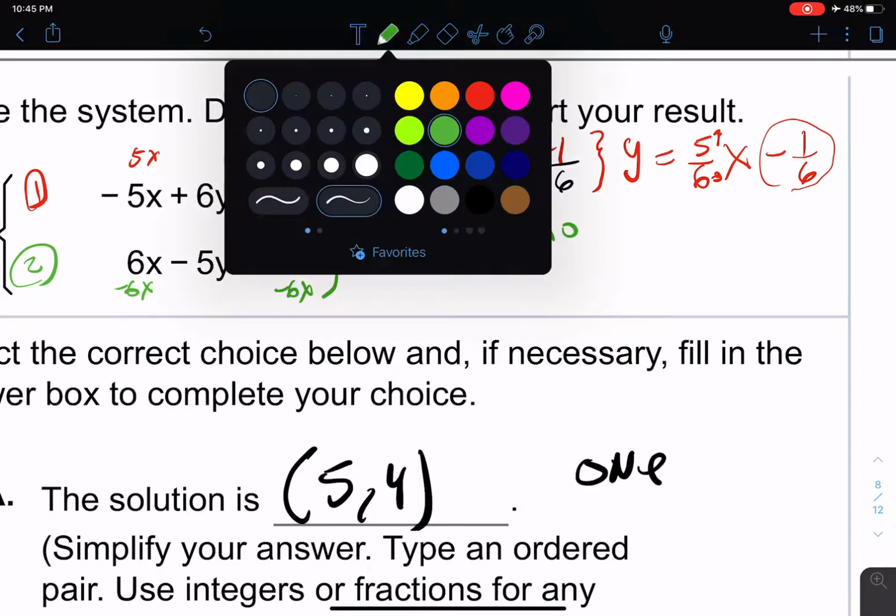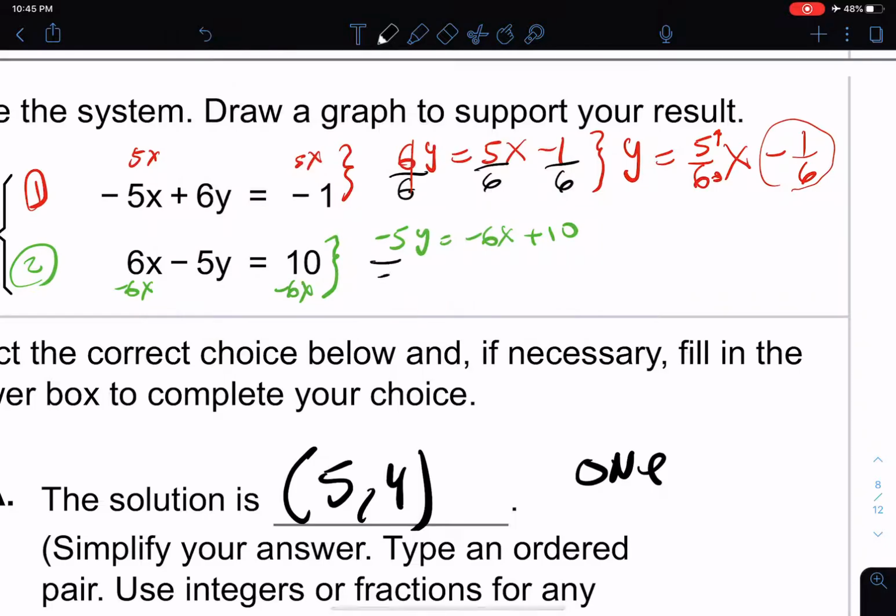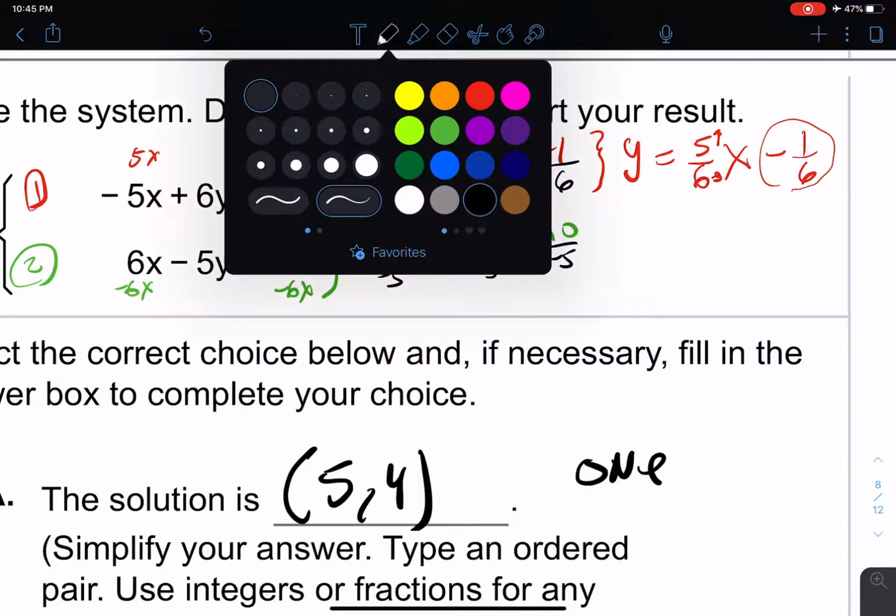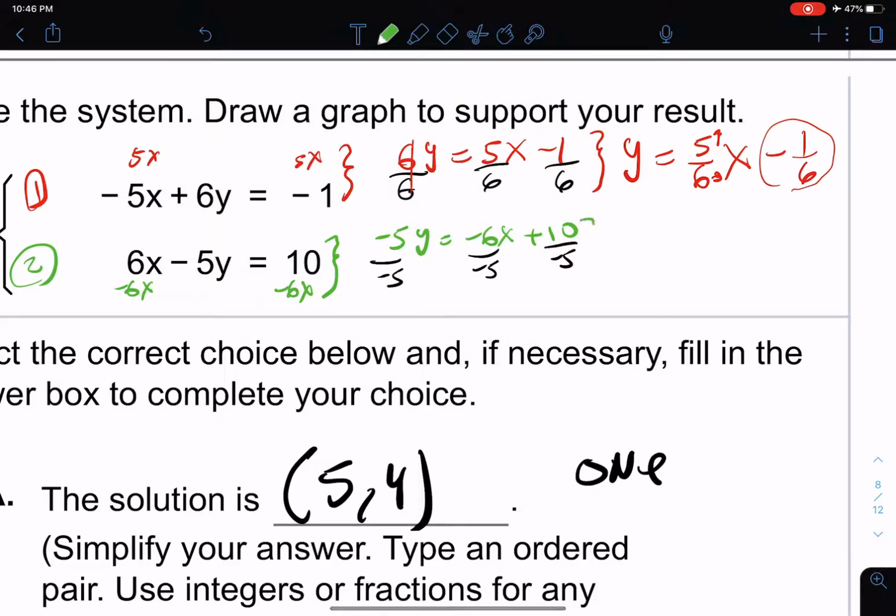And the nice thing is you have to divide by negative 5, and 10 divided by negative 5 is a whole number, an integer rather. So that's awesome. We can find that easily. So reduce, and we get y equals negative divided by negative is positive 6 fifths x, and 10 divided by negative 5 is negative 2.